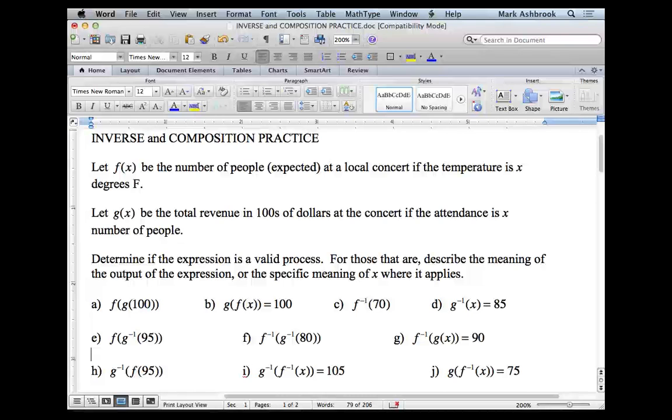But how can we specify what temperature we're talking about in this? But we can say more than just it's a temperature. It's the temperature at the concert, that's right. Alec.